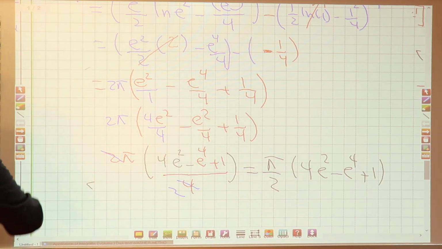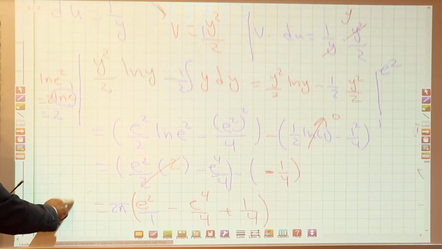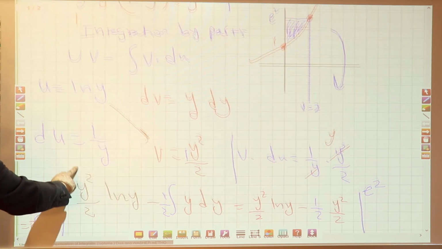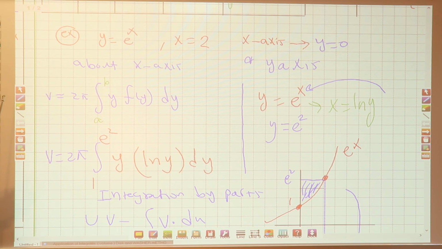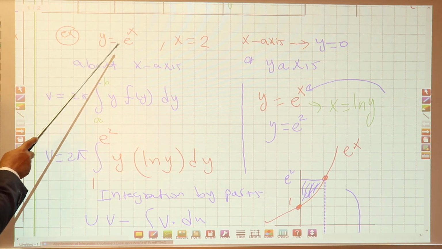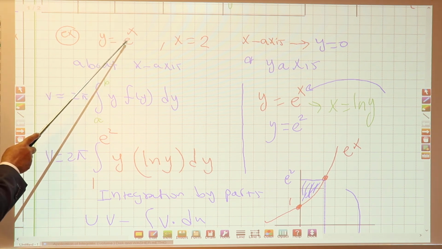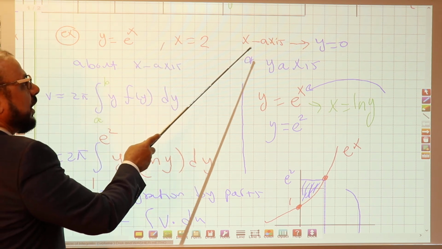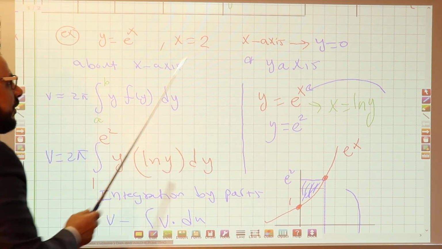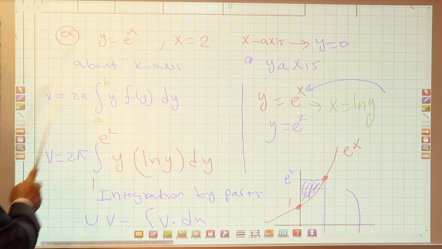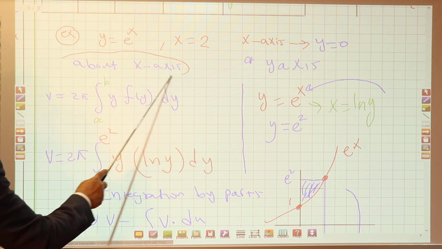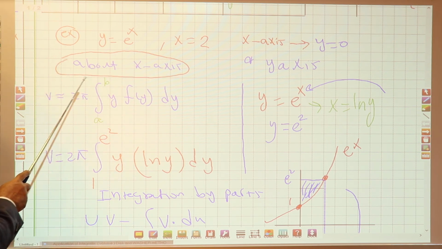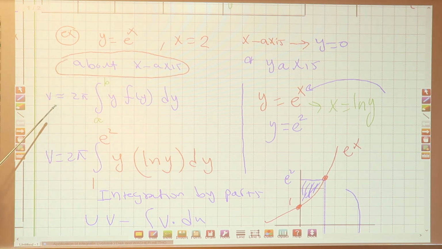Again, I'm going to read this problem for you in detail. He wants me to find the volume resulting from revolving the area between y equals e to the x, the x-axis, y equals 0, and the y-axis about the x-axis. Since he said about the x-axis, my formula is V equals 2 pi integral from a to b of y times x.